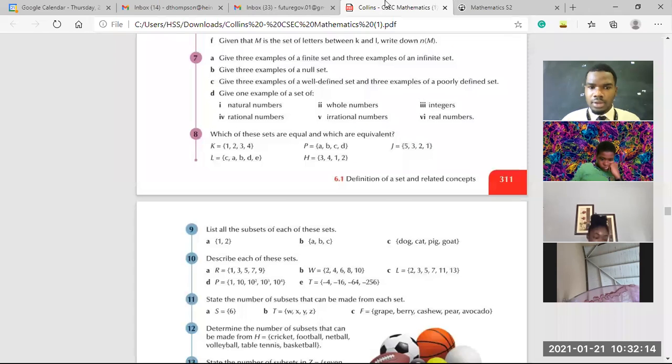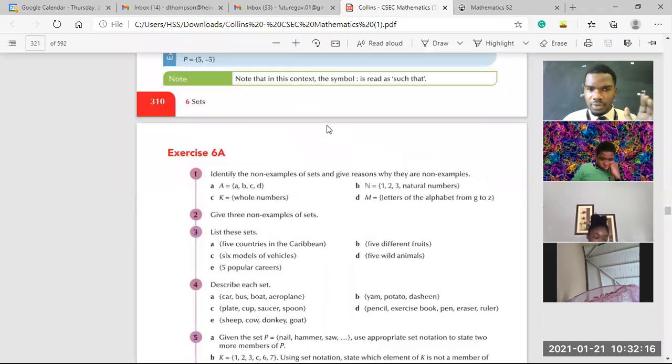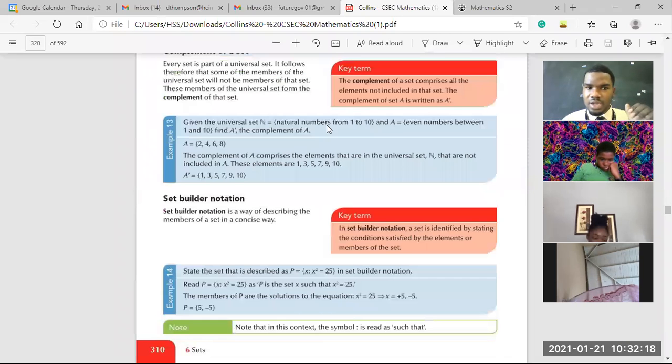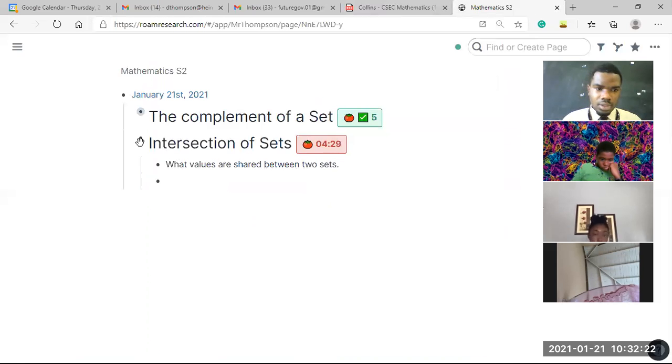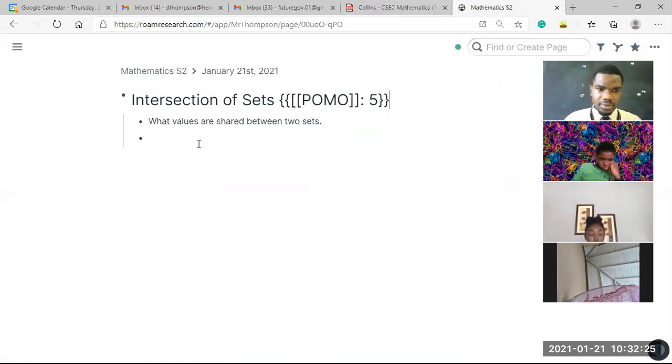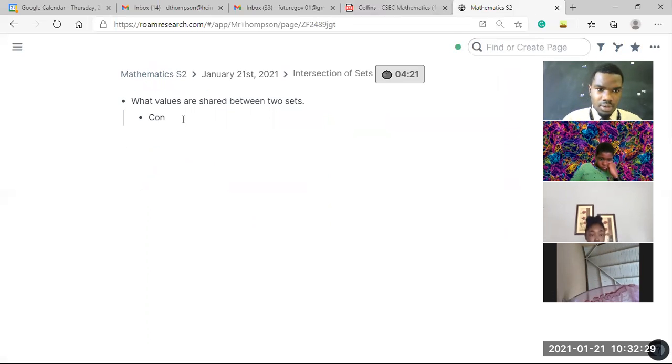Okay? Not the opposite, complement, which is what values are not shared. So, write this for me. Consider the following sets.